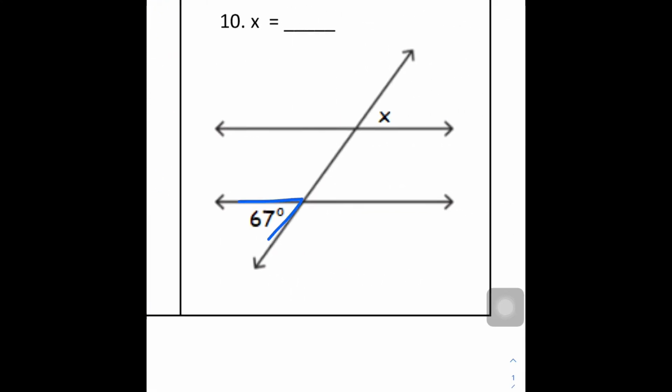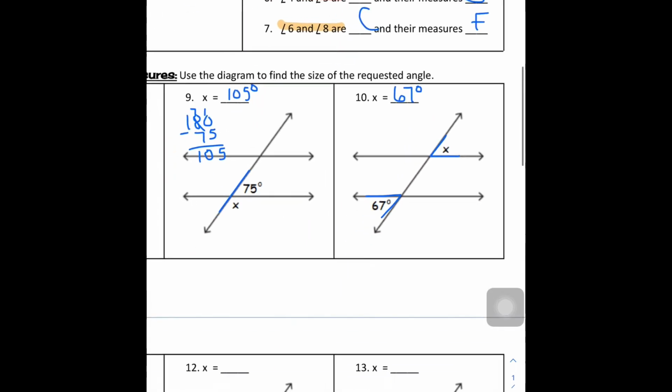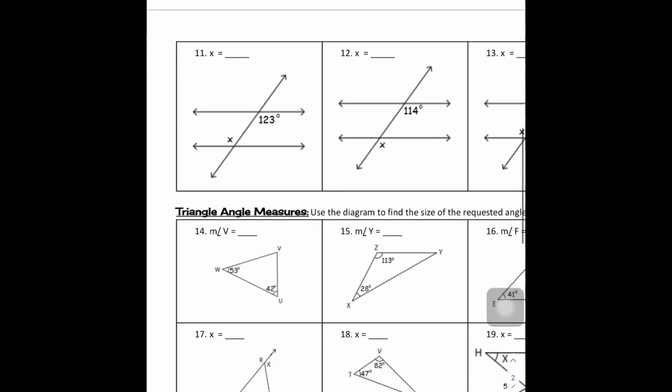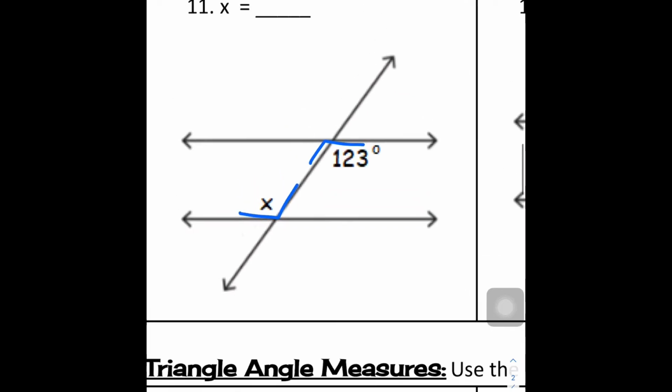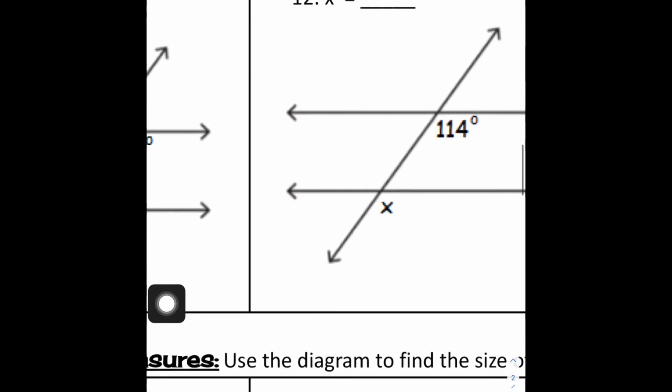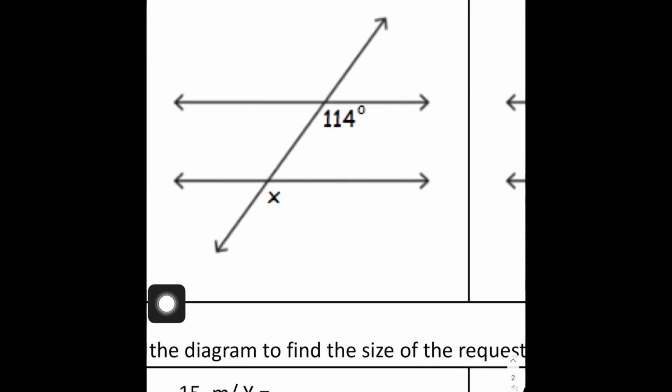Looking at what we know, they are on opposite sides of the outside, so that makes them the same measurement. These are on opposite sides, inside the parallel lines, alternate interior. They are the same measurement. This pair is corresponding.